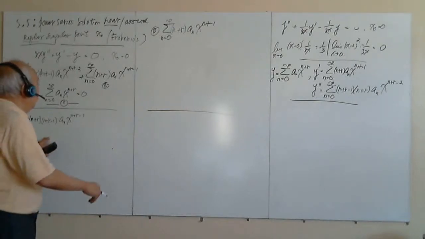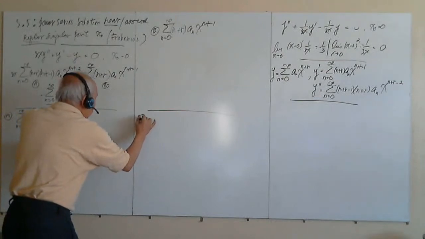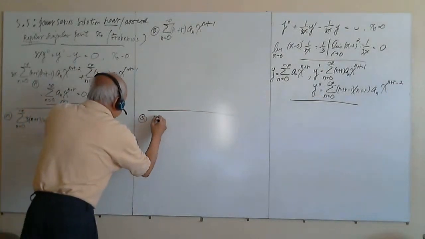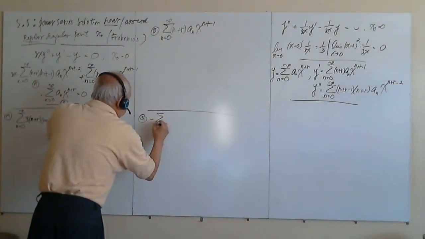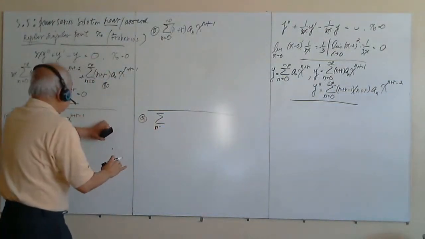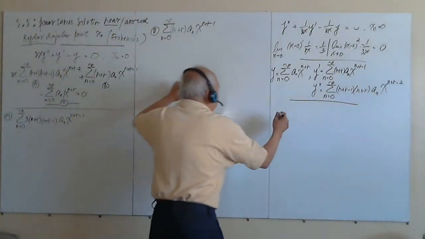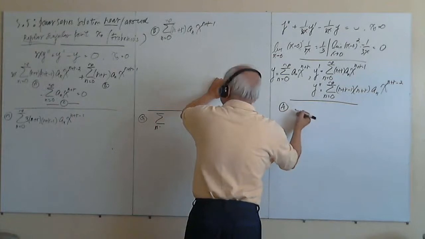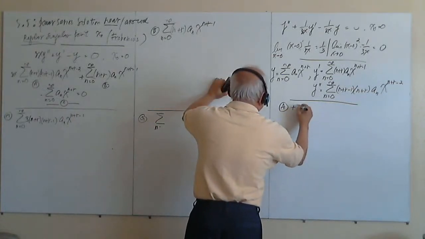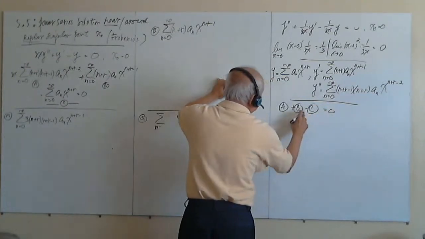Okay, and then let's talk about the C here. The C is going to be here: negative sigma, sum, and let's talk about the negative. I'm going to put the negative later on. Eventually I have to reconcile A plus B minus C equal to 0. Did you see it? I put the negative here.